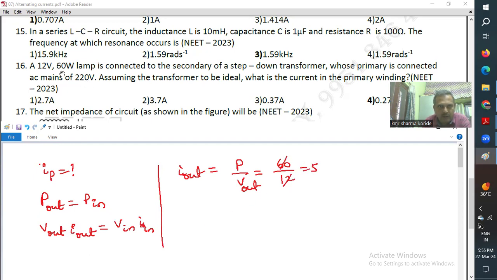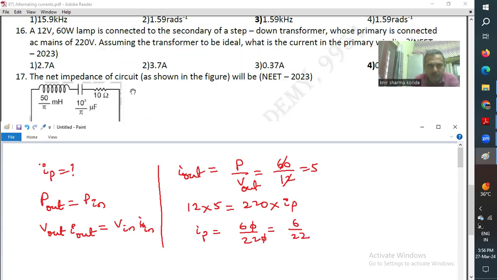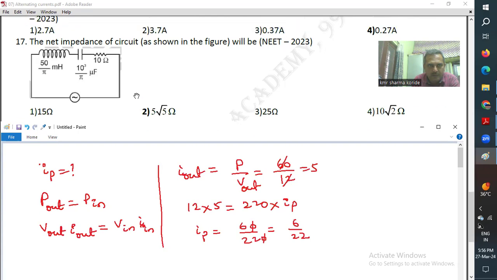Now V out is 12, I out is 5, is equal to V in is 220, I in or I primary we are looking for. So I primary is equal to 60 by 220. 0 cancelled, 6 by 22. So roughly is equal to 0.27. You can verify it. Moving to the next question. Probably this is the last question.